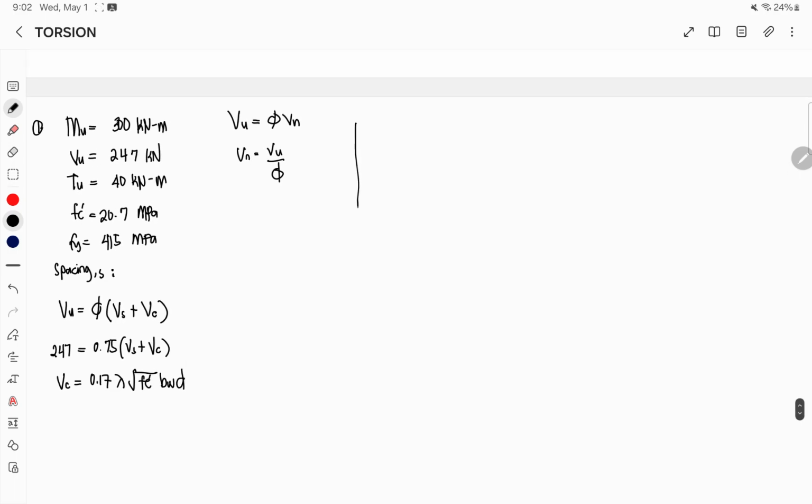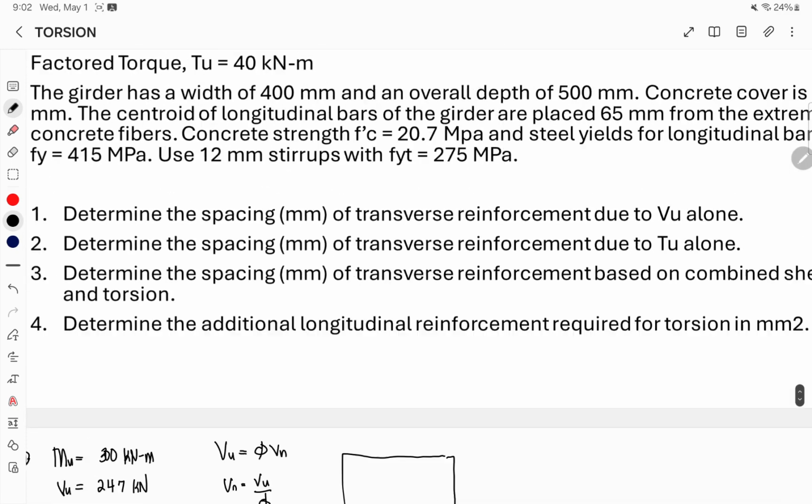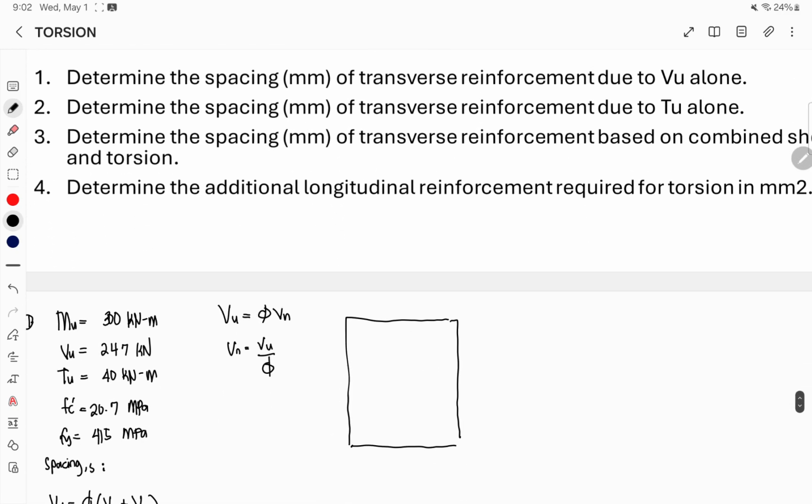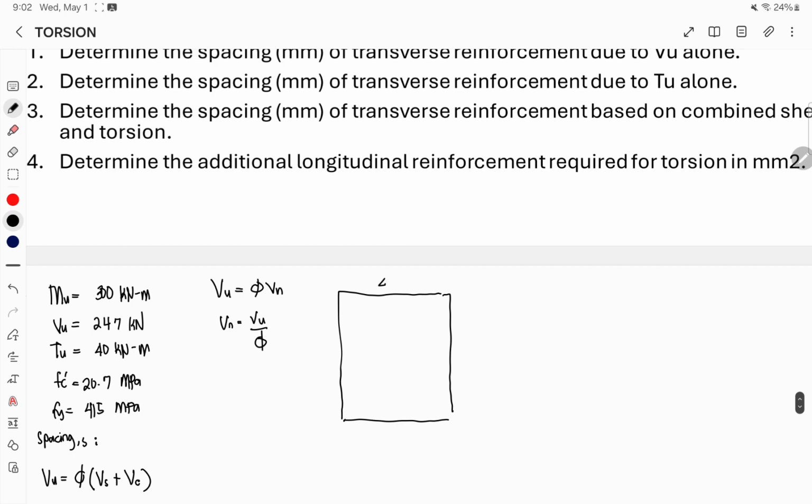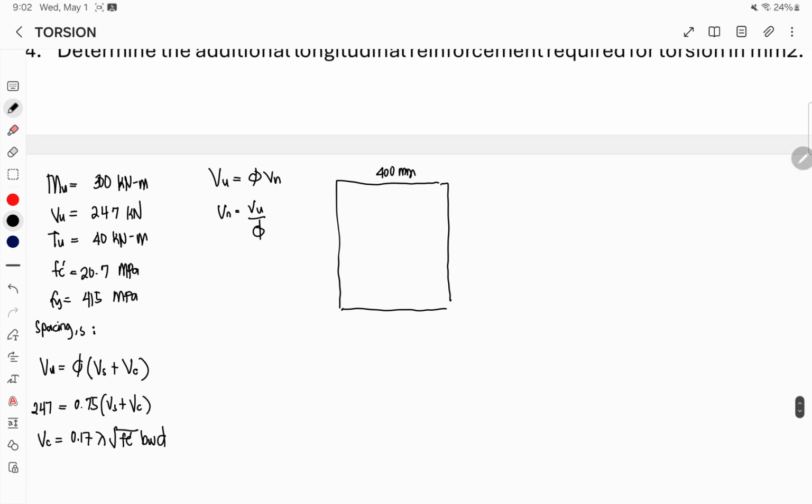We will draw the section first. The width of the girder is 400 mm, and the overall depth is 500 mm.